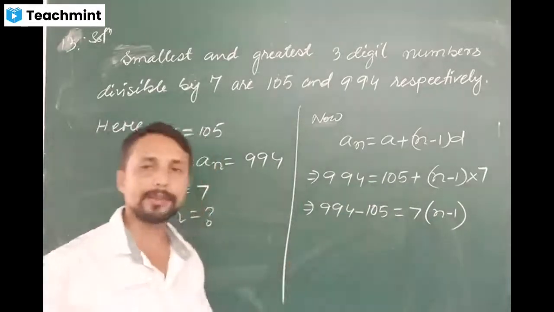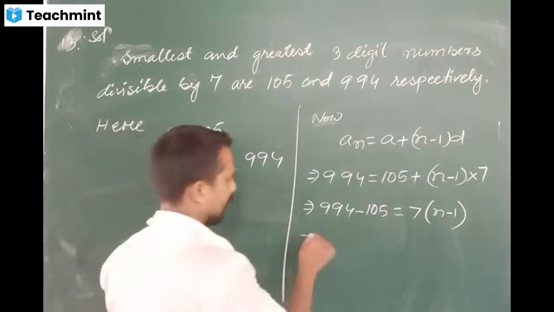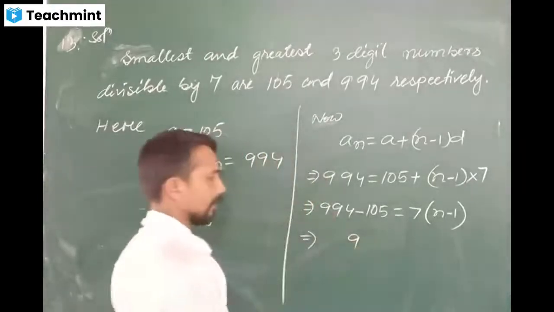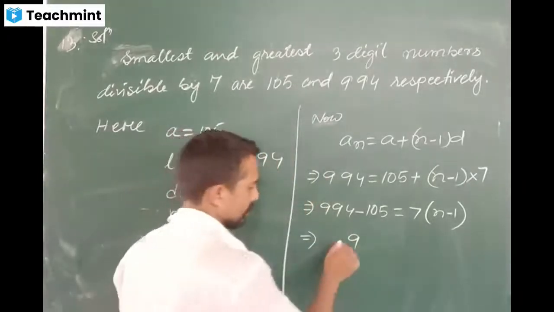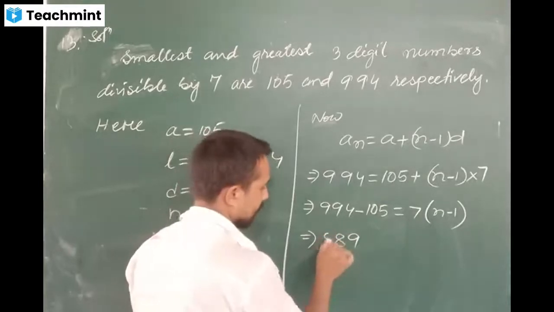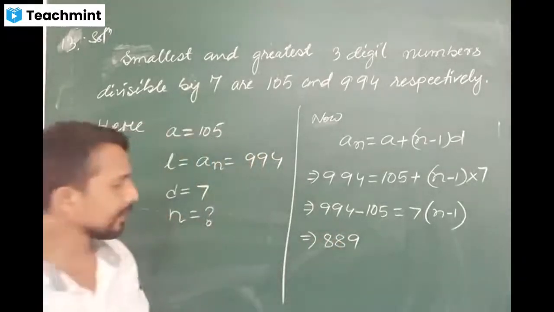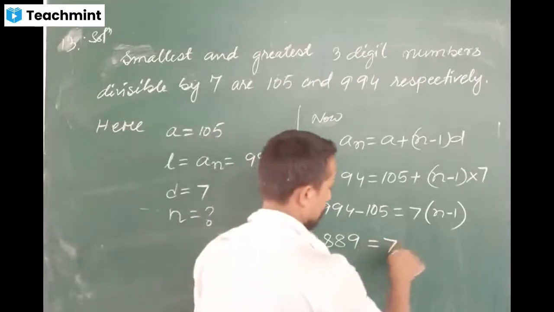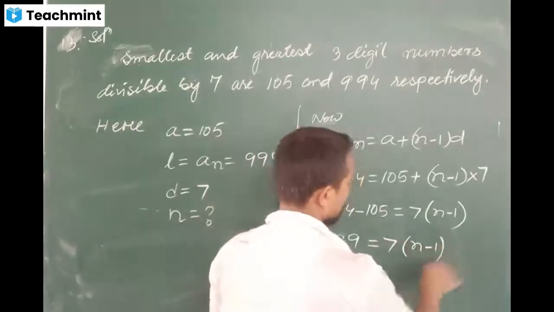994 minus 105 gives 889. So 889 equals 7 into n minus 1.